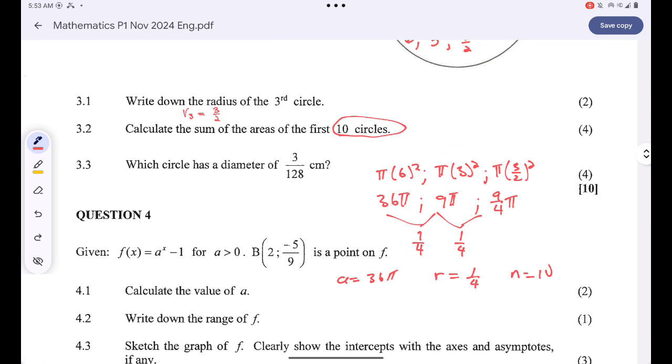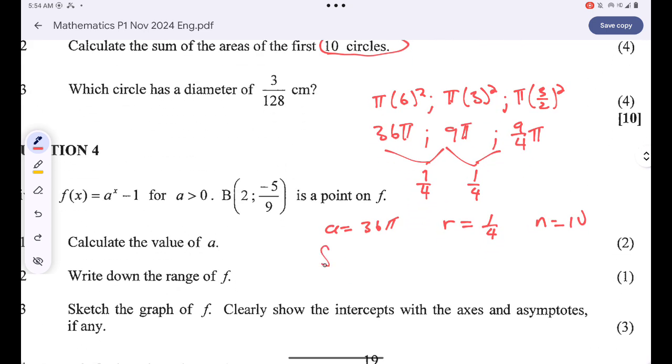So I'll simply say Sn is equal to A into 1 minus r to the power n, all over 1 minus r. That's just 36 pi into 1 minus 1 over 4 to the power 10, all over 1 minus 1 over 4.